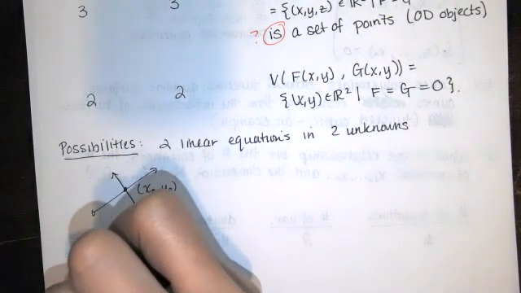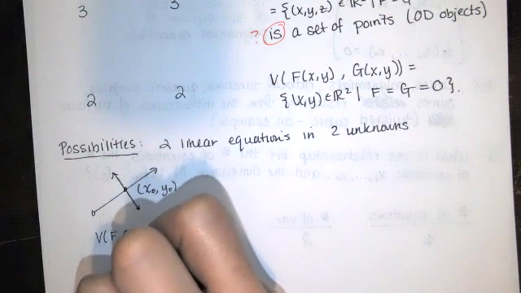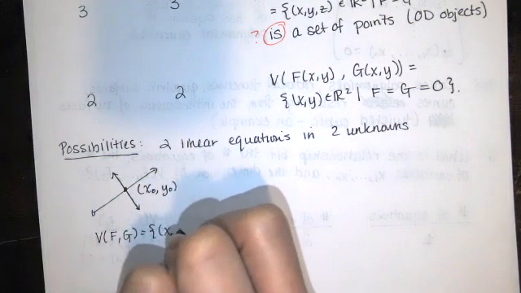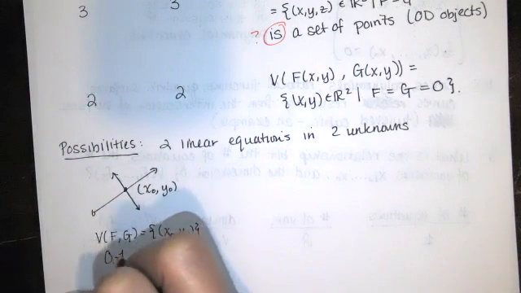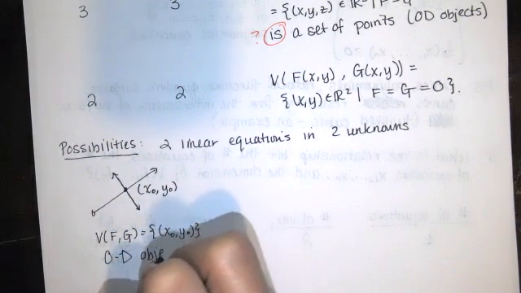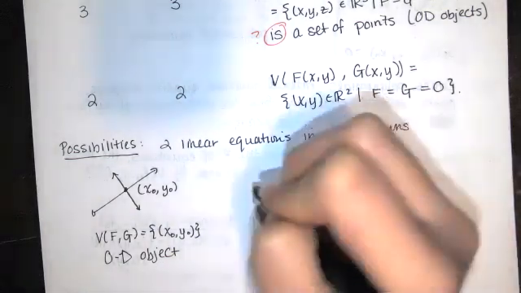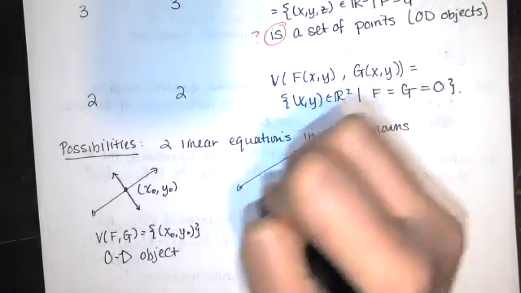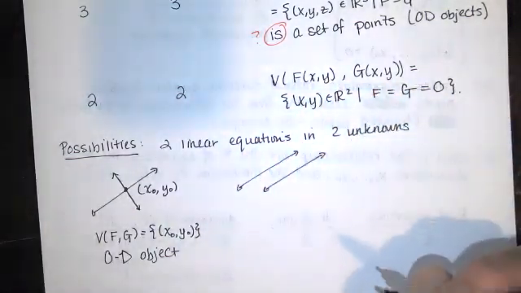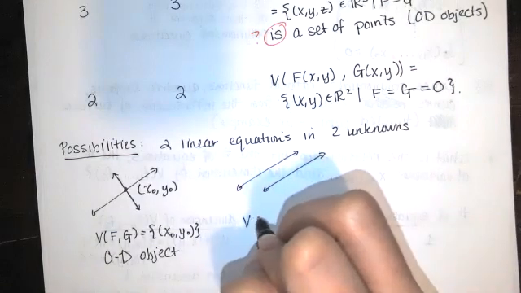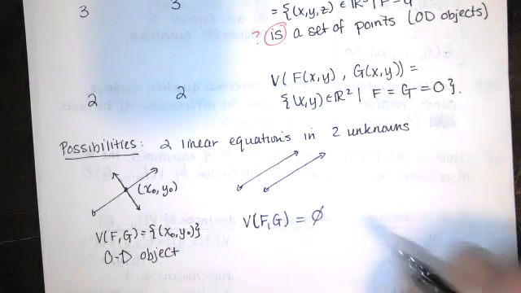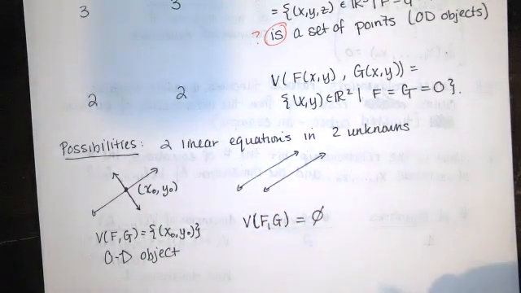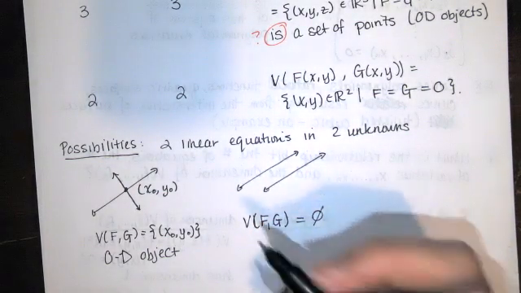So in that case, the variety consists of a single point, which is a zero-dimensional object, or you might have no solutions. Maybe the 2 lines are parallel to each other. So we can't even talk about the dimensionality of the empty set.